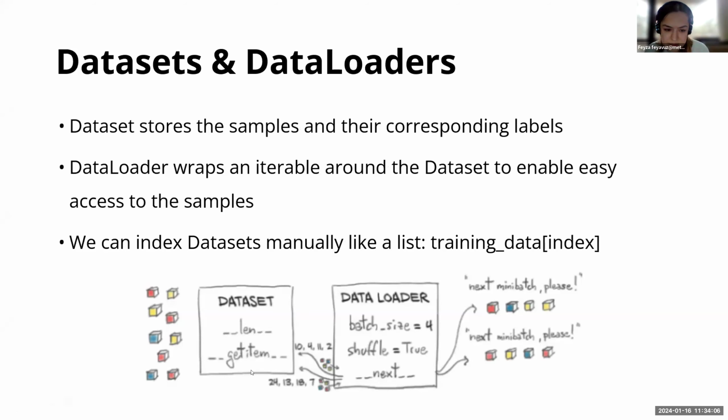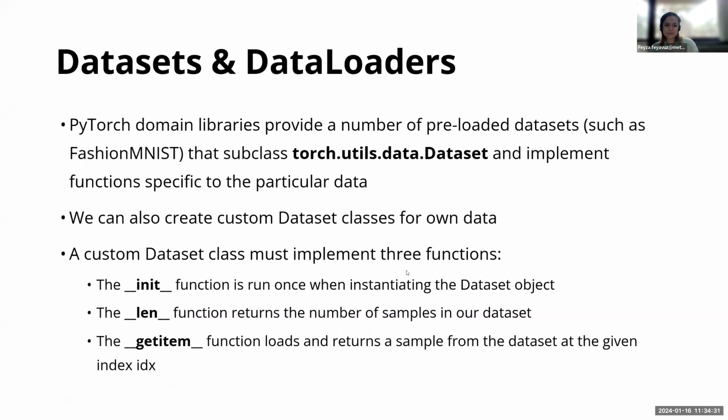So Dataset stores the input examples or input data and their labels, and we call DataLoader a wrapper around the dataset to be able to reach all of the dataset in a sequential way, like a mini batch setup or a direct setup. We can index datasets manually like a list.